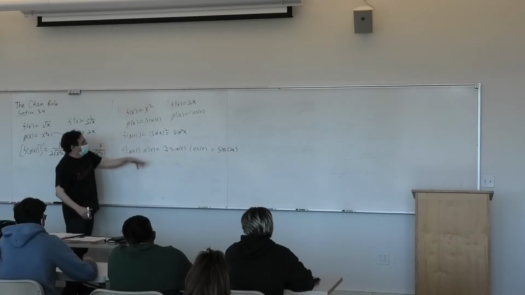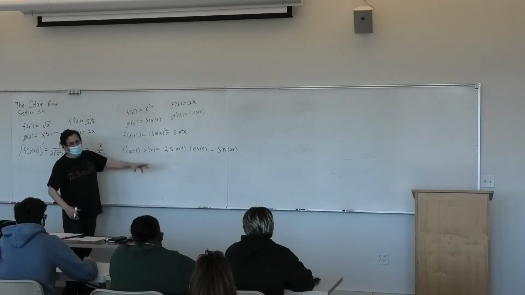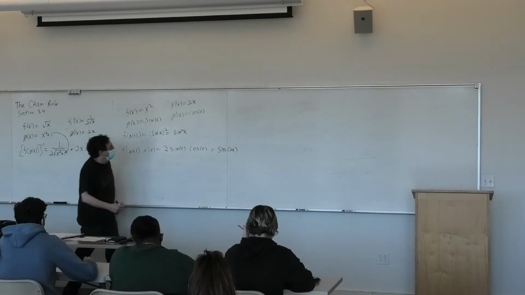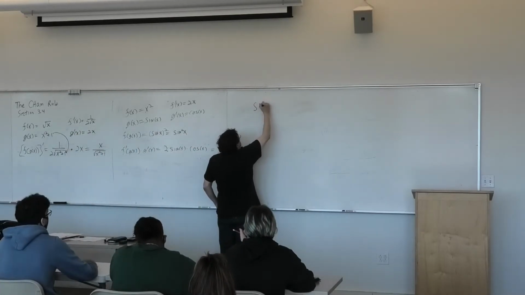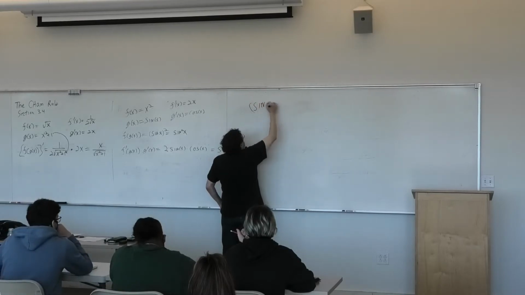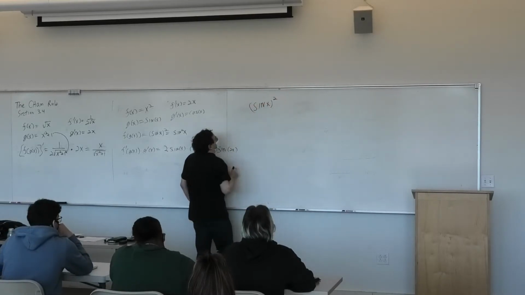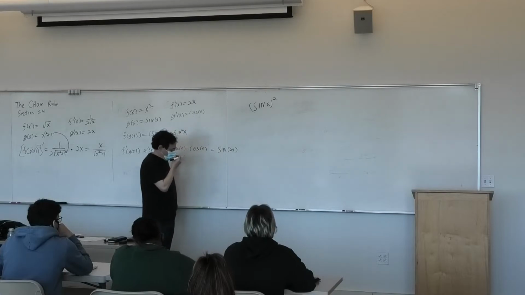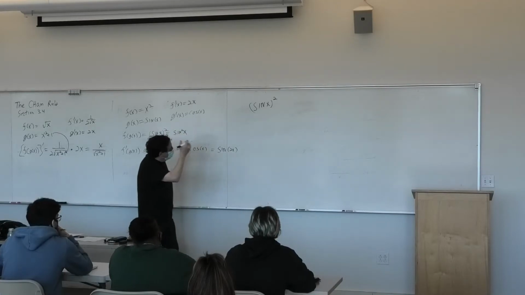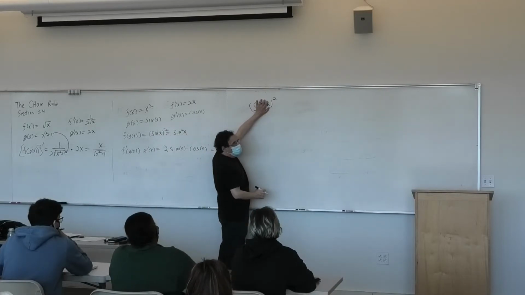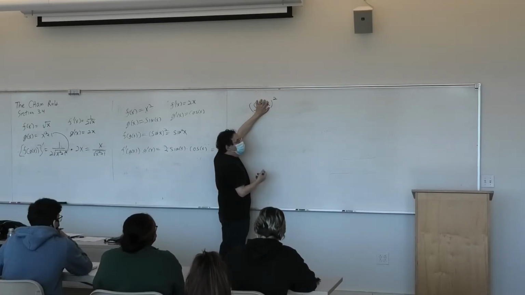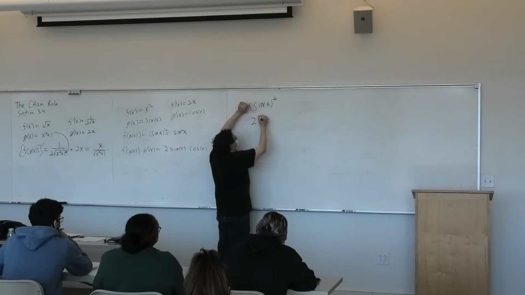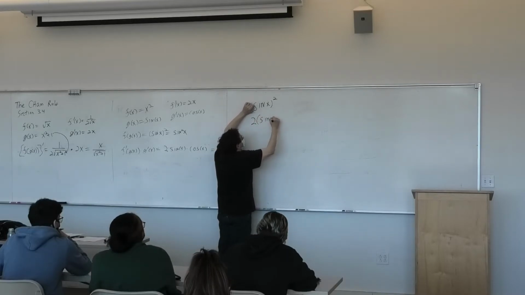I went through all this. I want to do this a little differently, more compactly. I want to find the derivative of sine squared of x. So in my head, I think power rule, like x squared, is 2 sine of x.